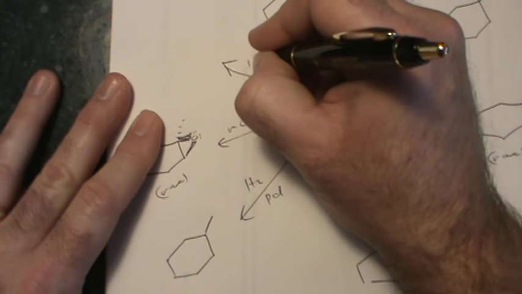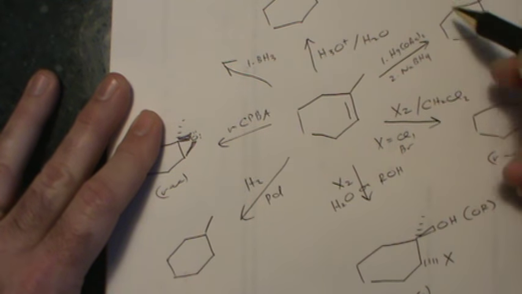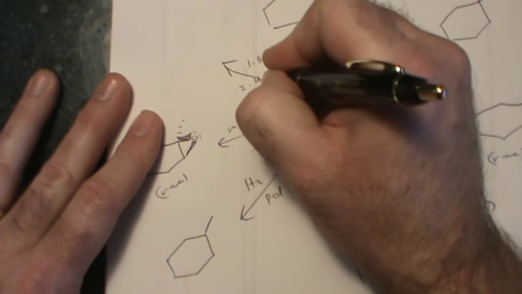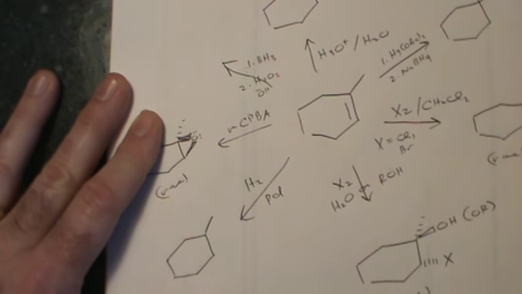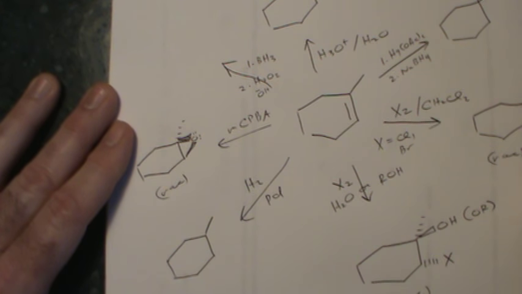And lastly, a reaction we learned recently, which is somewhat related to these first two hydration reactions, is an anti-Markovnikov hydration, a two-step sequence, hydroboration oxidation, which produces an anti-Markovnikov hydration product.